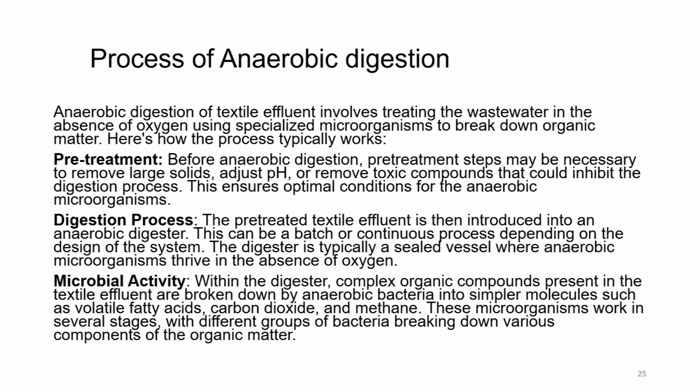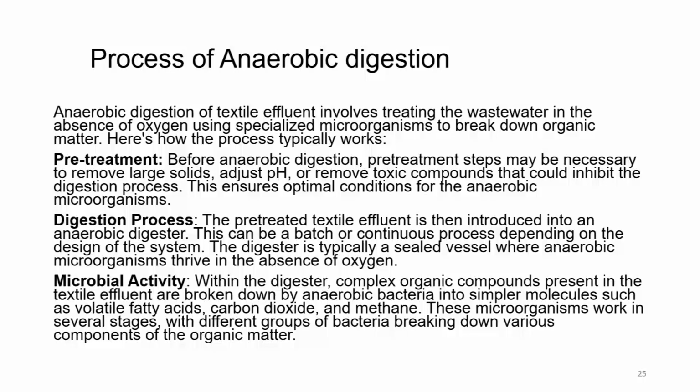The digester is typically a sealed vessel where anaerobic microorganisms thrive in the absence of oxygen. So, as the name suggests, anaerobic digestion requires no oxygen. It is in the absence of oxygen that these microorganisms thrive, and they actually metabolize the organic pollutants and dyes. Microbial activity.